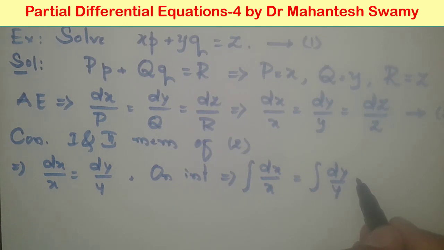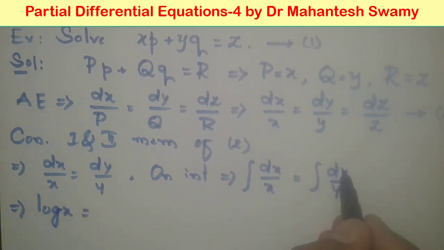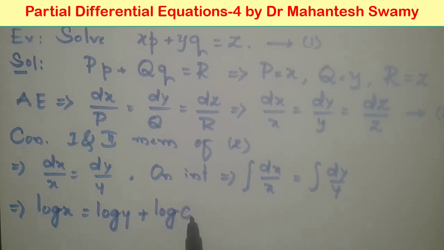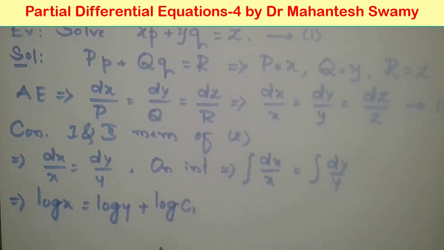So when we integrate 1 by x with respect to x on LHS, it is log x, equals integration of 1 by y with respect to y, which is log y, plus some constant of integration. Let us take that constant of integration also as log of c1, for our convenience.